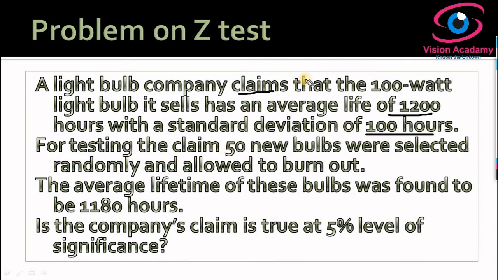To test this claim, 50 new bulbs were selected randomly and allowed to burn out. So these 50 samples are selected randomly. It is not less than 30, it is 50.